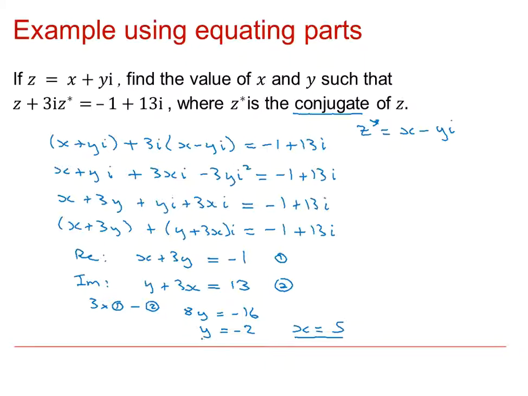So the real part is 5, the imaginary part is minus 2, and therefore z can be written as 5 minus 2i. That's the original complex number in the equation.